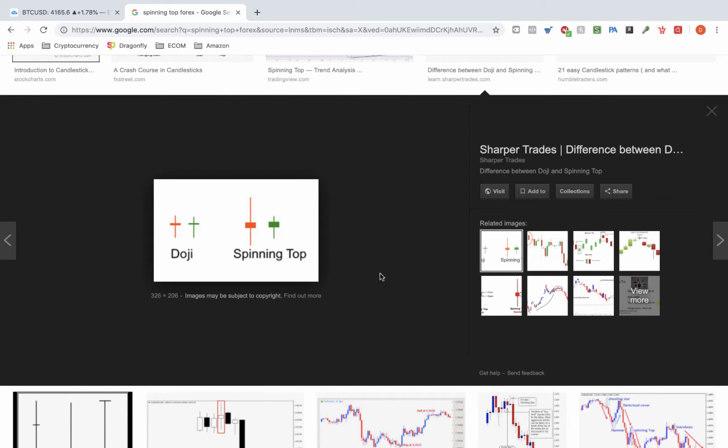On the daily, it's about an 85% chance of a reversal. On the 4 hour, it'll be about a 75% chance of reversal.